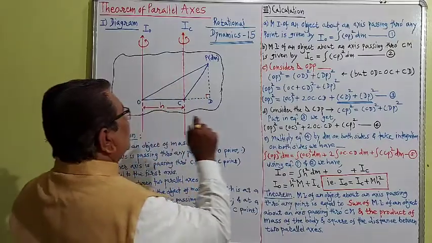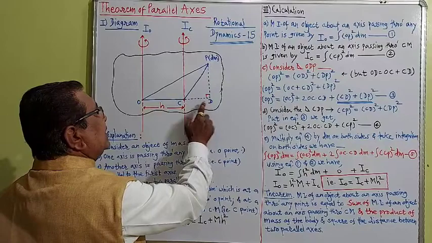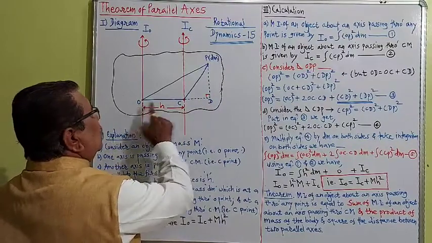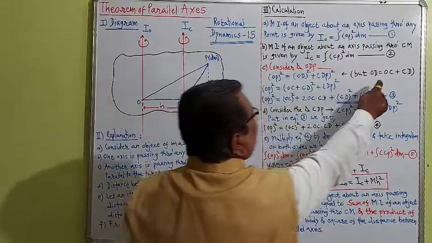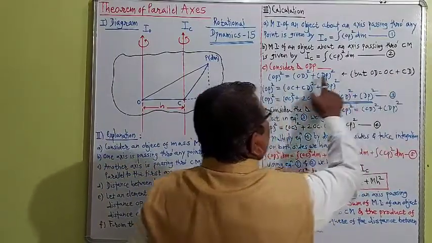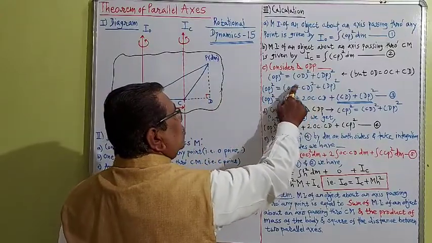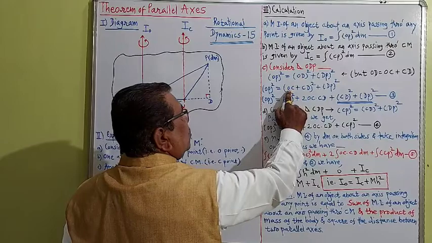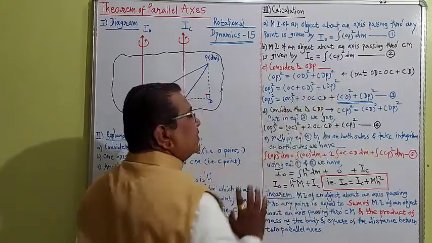But OD is nothing but OC plus CD. See the diagram? OD is nothing but OC plus CD. That I have written here: OD is equal to OC plus CD. Put it here. Then you will get OP square is equal to the value of OD, that is OC plus CD bracket square, plus DP square.